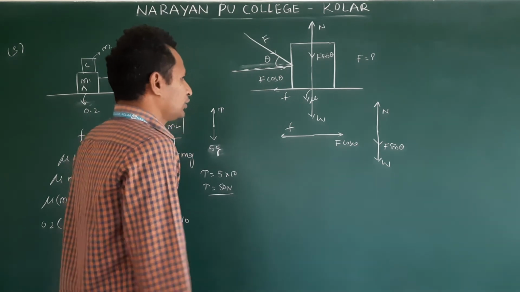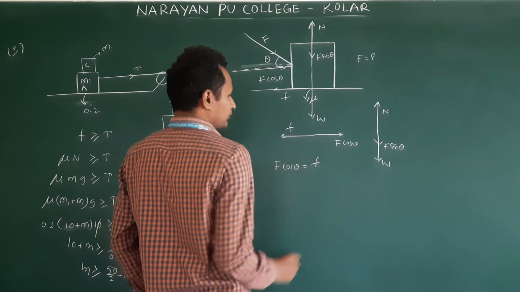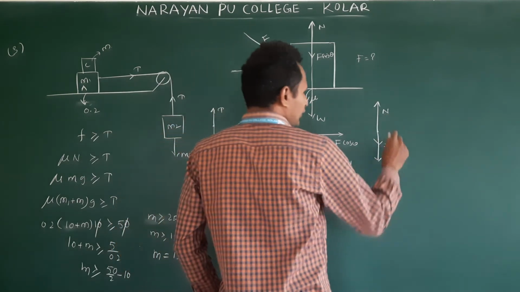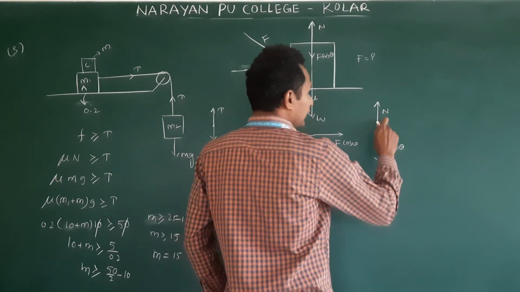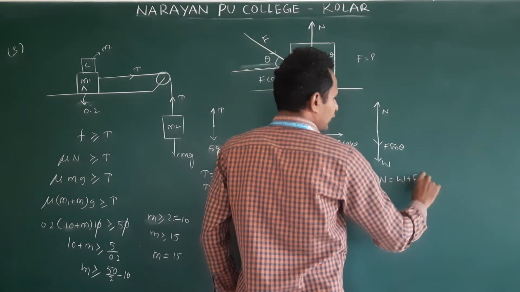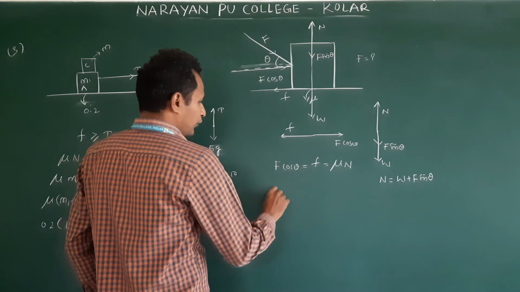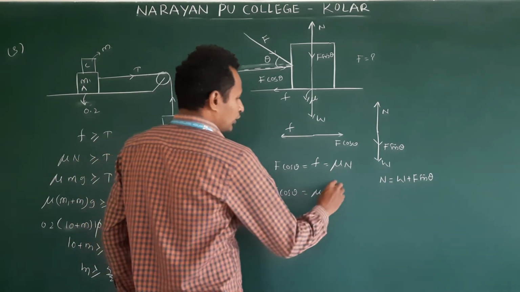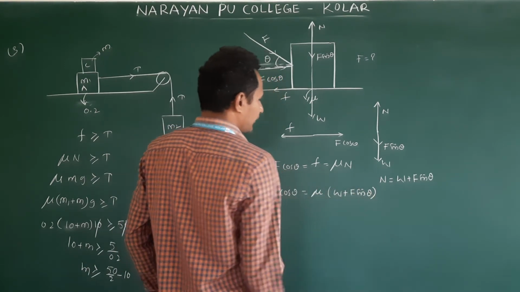So F cos theta is equal to friction, which is equal to mu into N. Along the vertical forces, N is acting up, the rest act downwards, so we can write N equals W plus F sin theta. So now F cos theta is equal to mu into (W plus F sin theta).